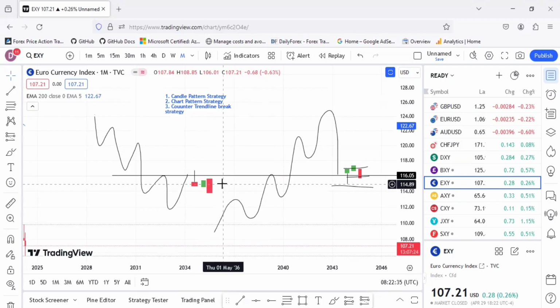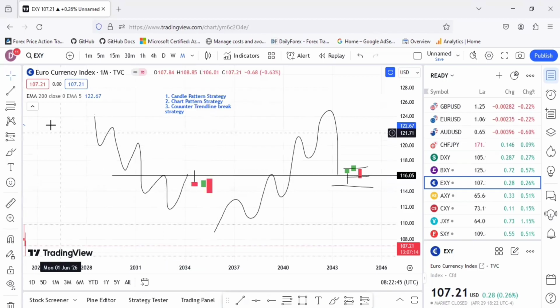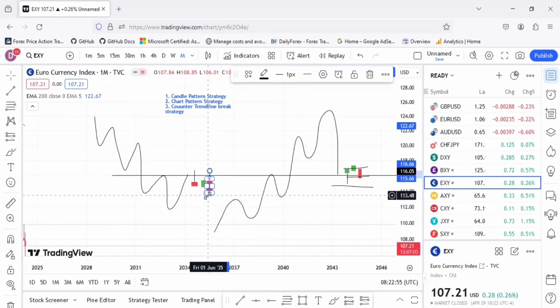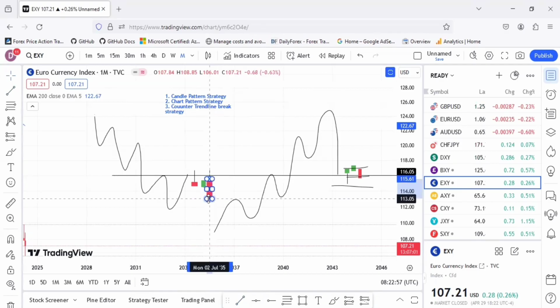That is, the bigger candle must completely engulf the small one. So in the bearish scenario, this red candle must completely engulf this green candle in body and in wick. Both in body and in wick. You understand what I'm saying? Both in body and the wick. It must completely engulf.